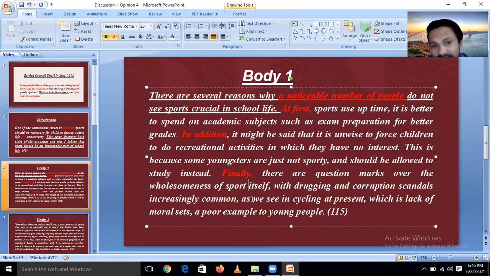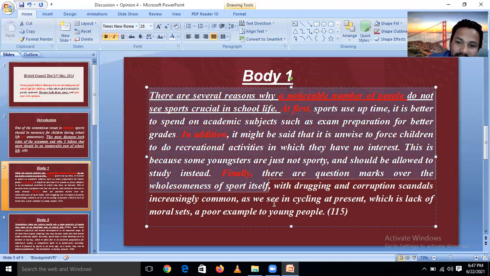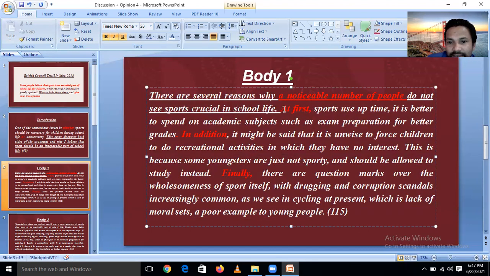So for these reasons, some people do not see sports as a compulsory part of school life. It should be optional. So this paragraph has 115 words. And look at the topic sentence, the first point, second point, and the final point.